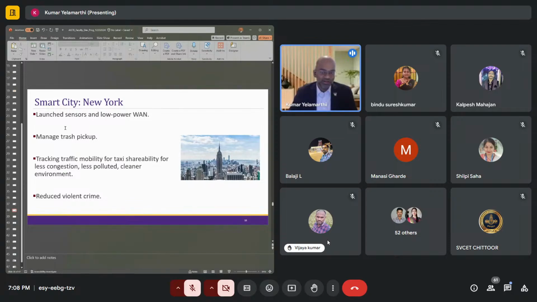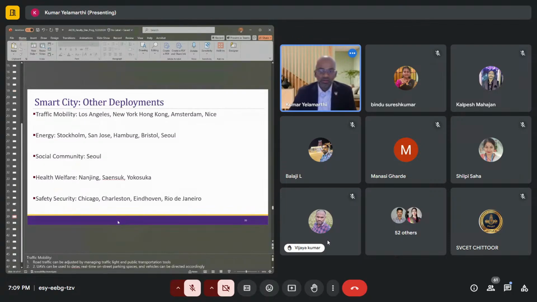You might chuckle at what they're using it for, but by simply looking at the trash generated by the public in the vicinity, they're able to figure out optimal routes for their electrical vehicles and feed that information to the system. That allowed quicker commutes, better utilization of resources, less pollution, a cleaner environment, and also reduced crime.